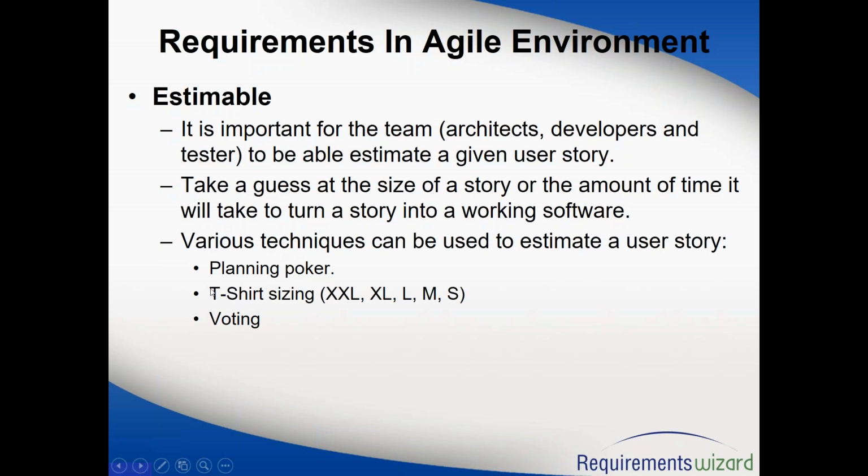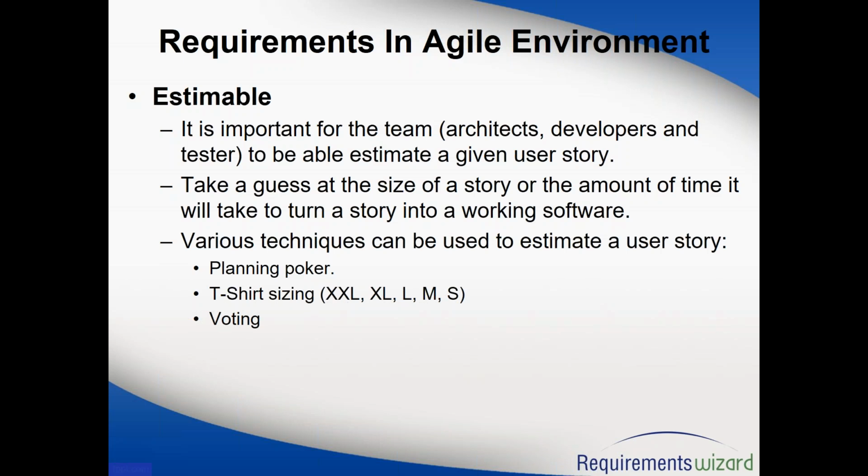Some teams also estimate based on t-shirt sizes. So they will pick one story and say, okay, tell me the estimate or the complexity of this user story. Is it XXL? That means too much work. Is it XL? That means a lot of work. Large means work which can span 1 week.